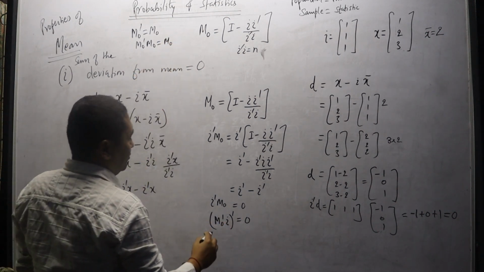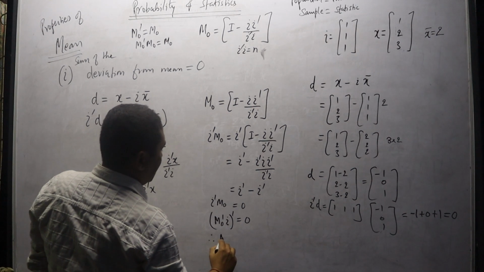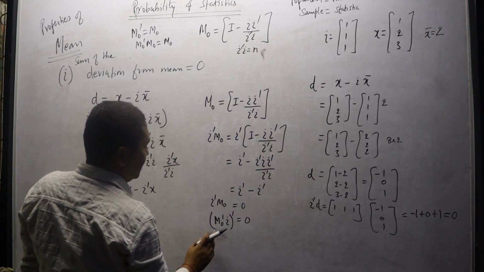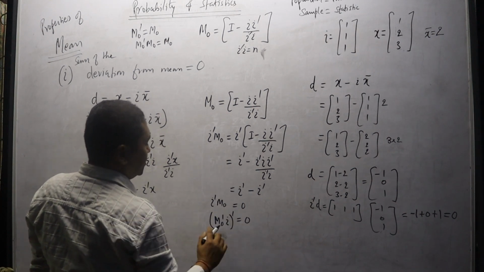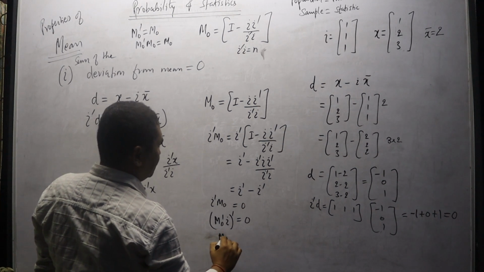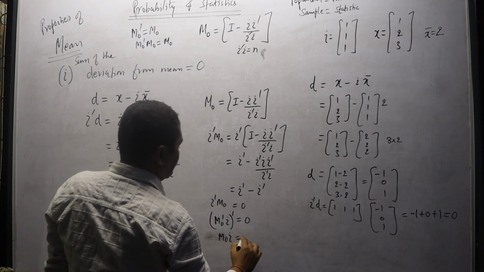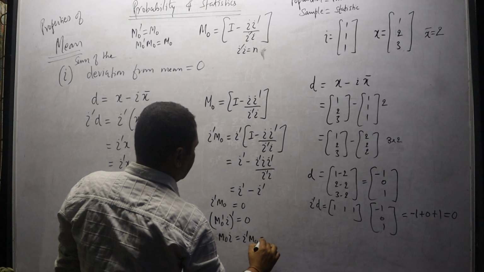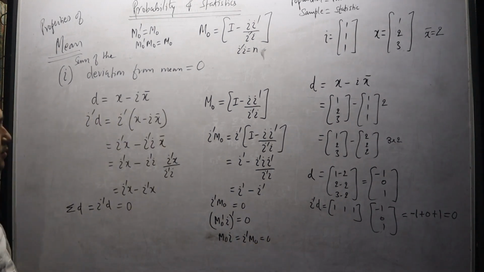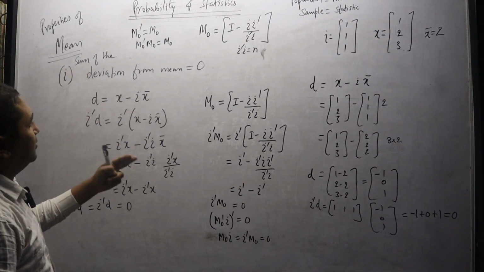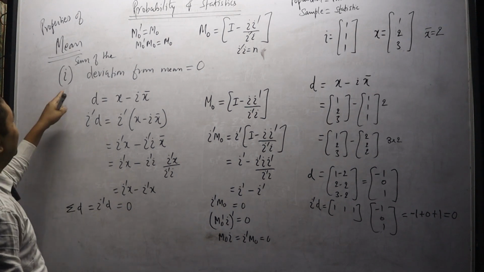So this is our result. Therefore, M0 transpose is equal to M0 itself, so M0 I, or I dash M0, is equal to 0. We have seen that the sum of the deviation from mean is equal to 0. This is one of the important properties of the mean.